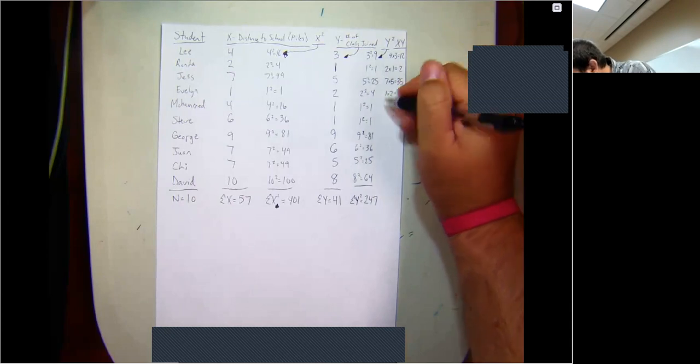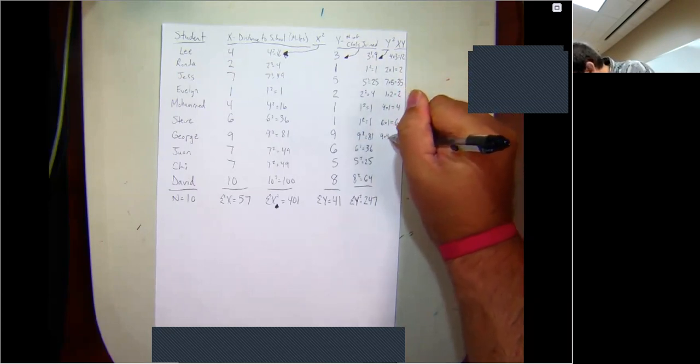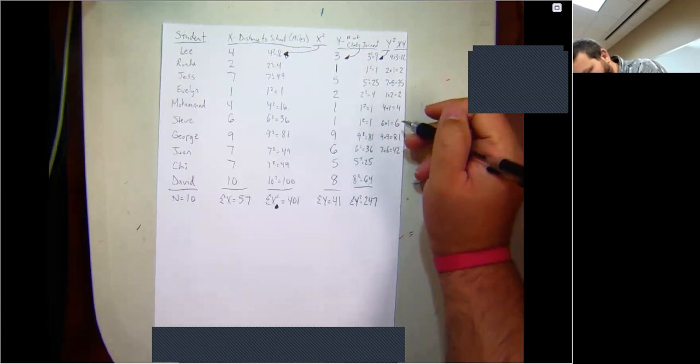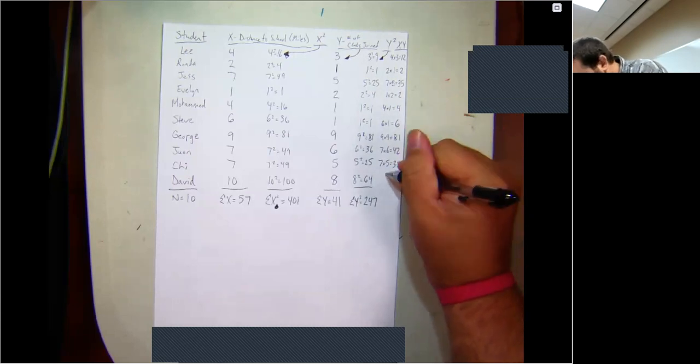Evelyn, 1 times 2, which is 2. Mohammed, 4 times 1, which is 4. Steve, 6 times 1, which is 6. George, 9 times 9, which is 81. Juan, 7 times 6, which is 42. Chi, 7 times 5, which is 35. And David, 10 times 8, which is 80.